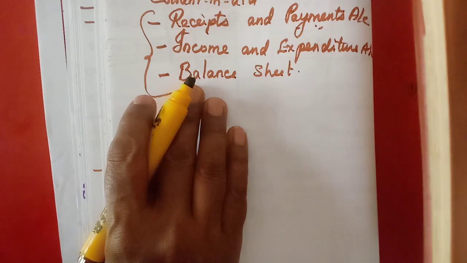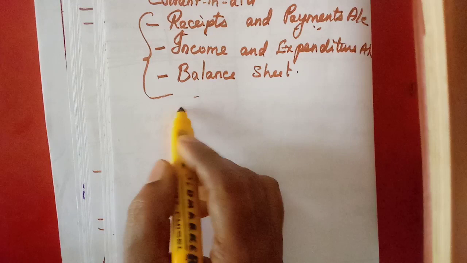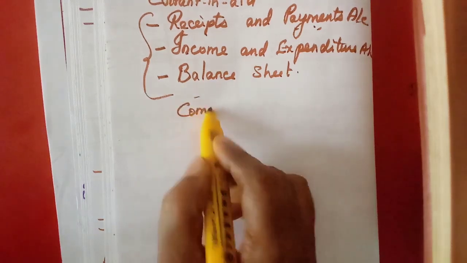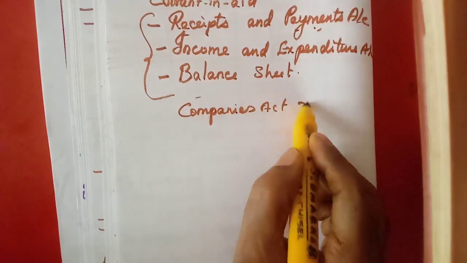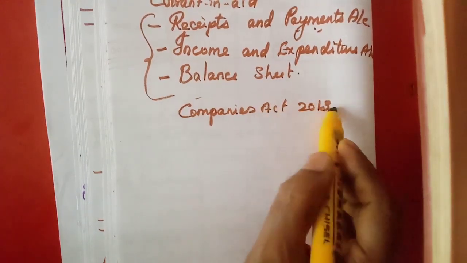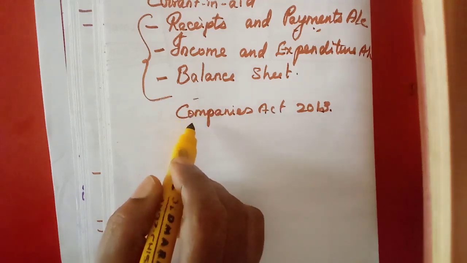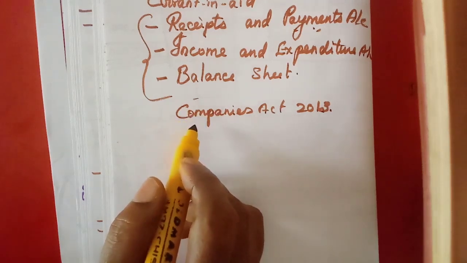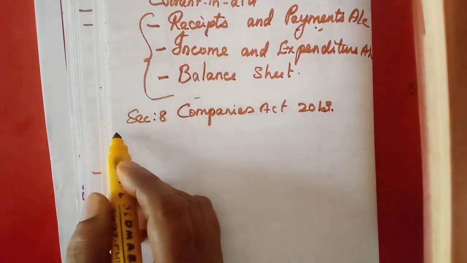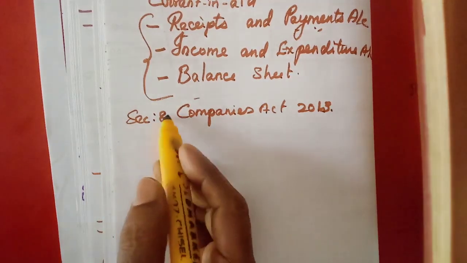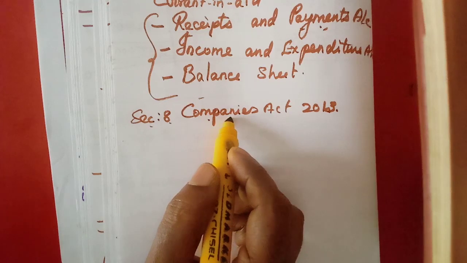Here in the Companies Act 2013, they have given that not-for-profit organizations may be established under Section 8. So they are registered as per Section 8 of the Companies Act 2013.